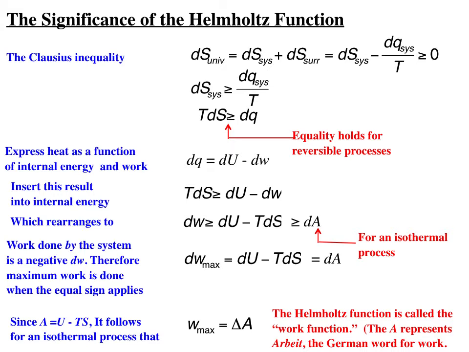That says that the increment of change of entropy in the system, moving the second term to the right, must be greater than or equal to the increment of heat of the system divided by the temperature.